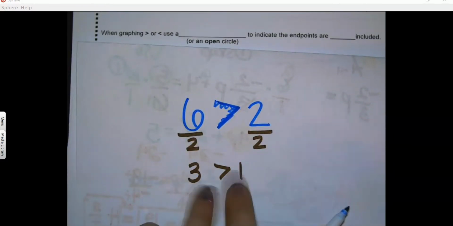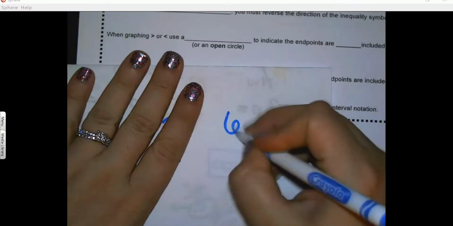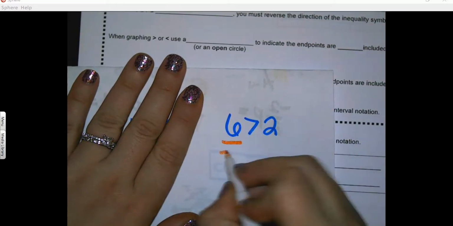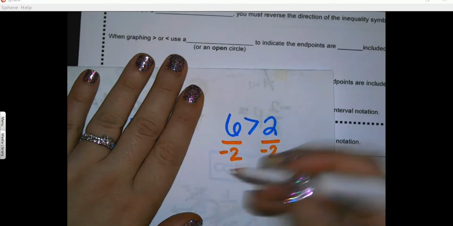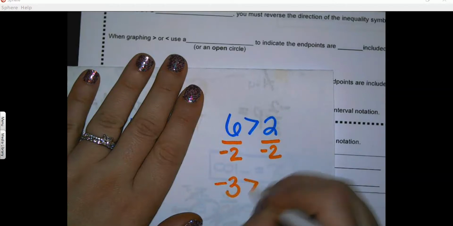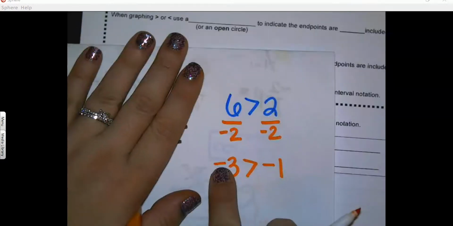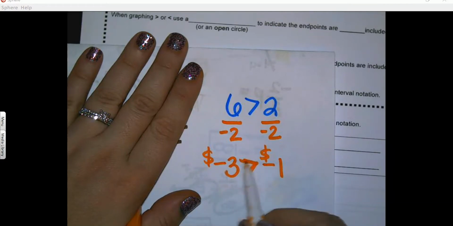It still maintains truth. Now if I go back and I have 6 is greater than 2, and this time I divide by -2, I have 6 divided by -2, that's -3, and 2 divided by -2, that's -1. Now we have negatives. Think about this as money. Does owing $3 mean you have more money than if you only owe 1?